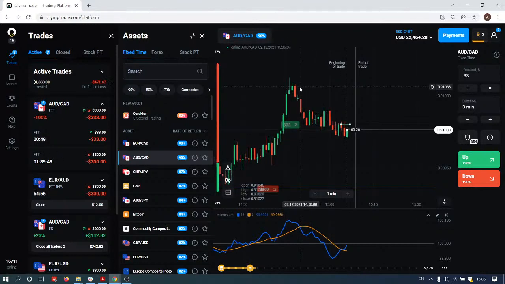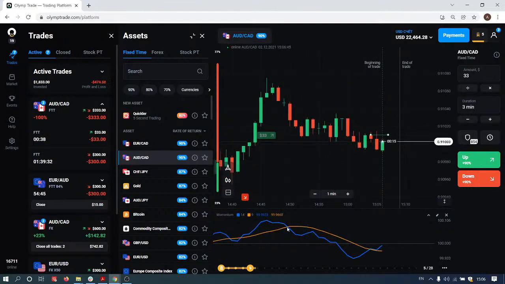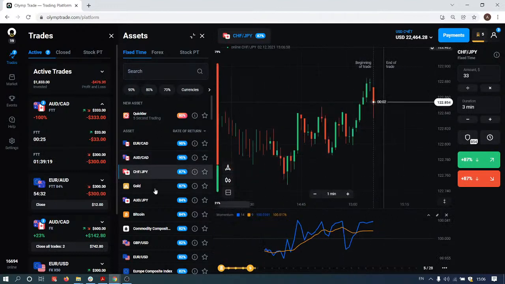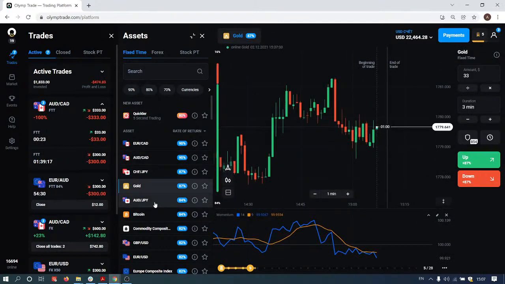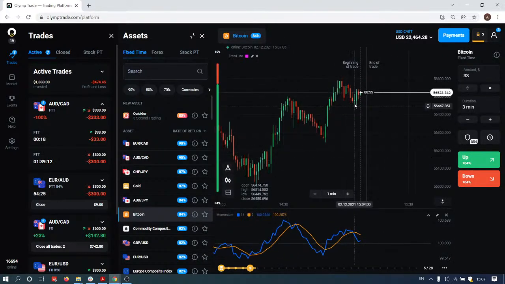Like in this example, the crossing happened in the downwards direction, so I would have opened the trade downwards, but only here. And with my current trade, the lines crossed here, and immediately I opened the trade upwards. It's quite simple. That's setup number one in this trading strategy.